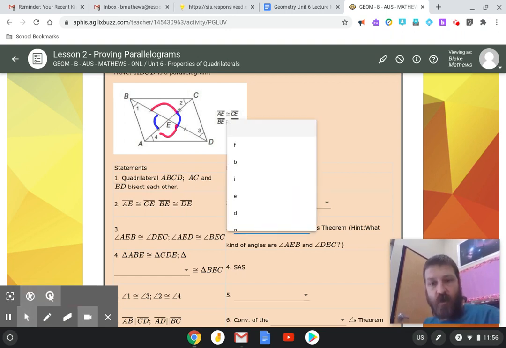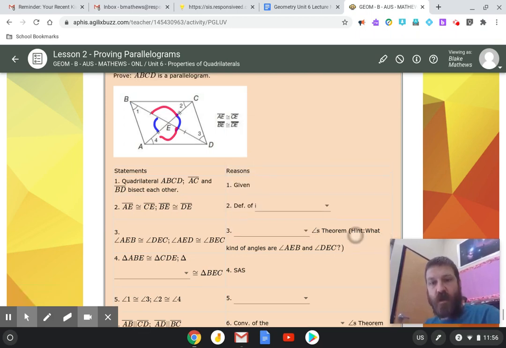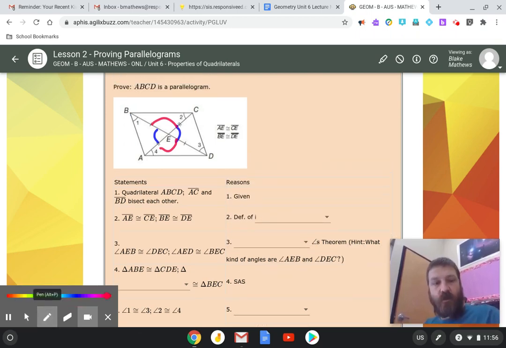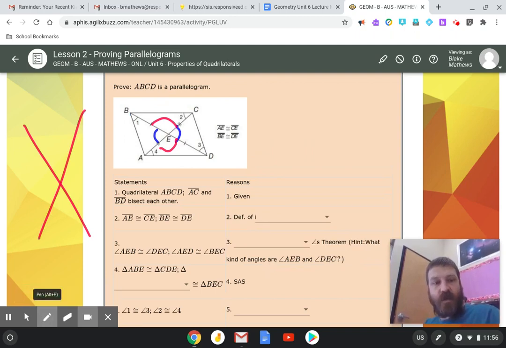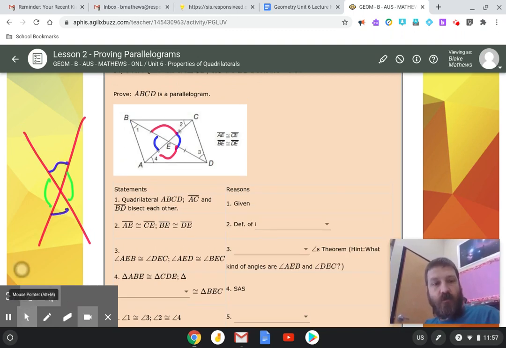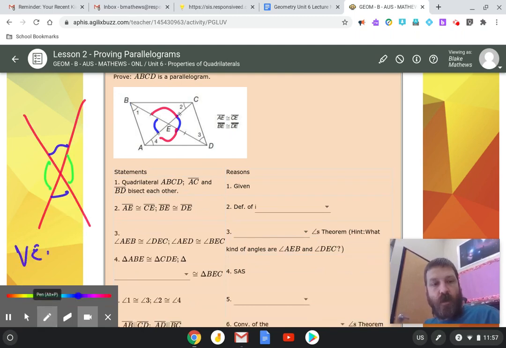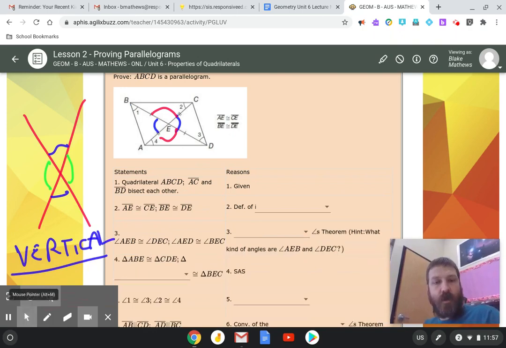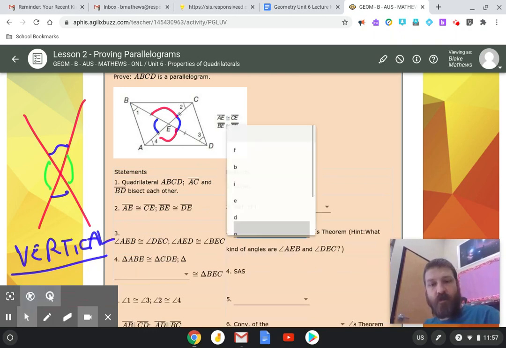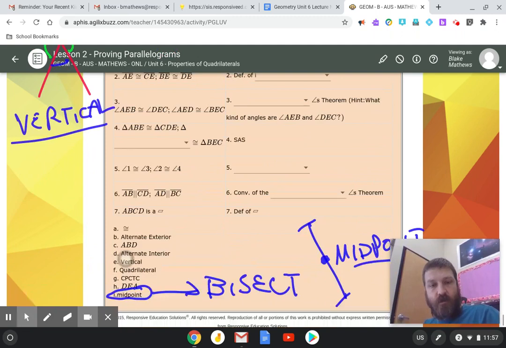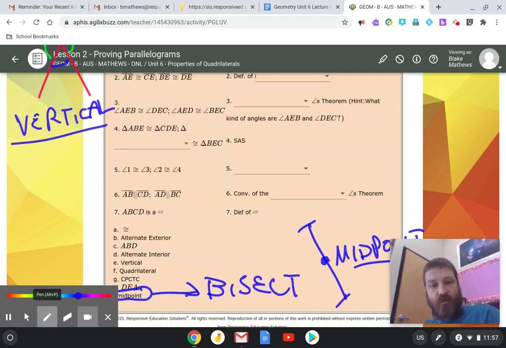Those are called vertical angles. It says, hint, what kind of angles are they? They are vertical angles. Vertical angles are when you have 2 lines intersecting and you look at the angles that are here and here, and of course the angles on the other part here and here. Those are called vertical angles. Very important geometry concept. I would write that down, draw that diagram. So we go down, we look, we see vertical is E. So we've used up E.